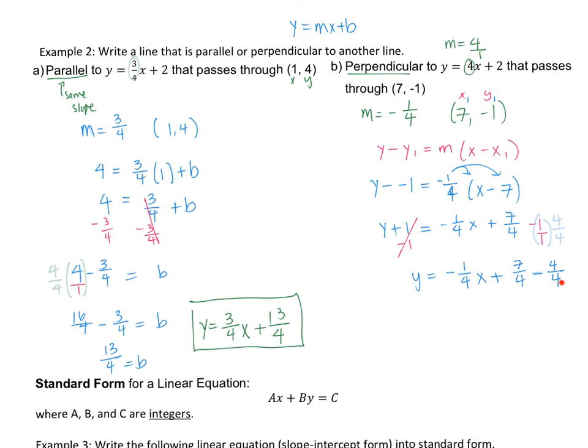Now that the denominator is the same, I can subtract the tops: 7 minus 4 is 3. So this is really 3 over 4. I'm going to bring down the negative 1 over 4x and the y. And I've simplified this down to the y equals mx plus b format.